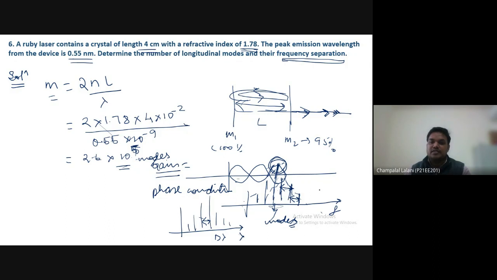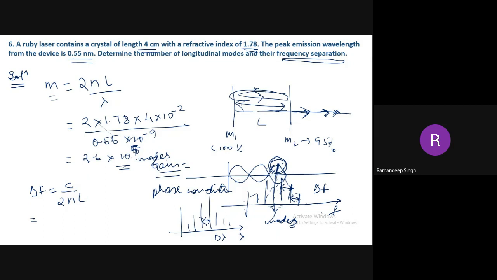Here the frequency separation will be delta f, and delta f is c upon 2nL, where c is the velocity of light, n is the refractive index, and L is the length of the laser. You put the values of c, n, and L, and you will get the answer.